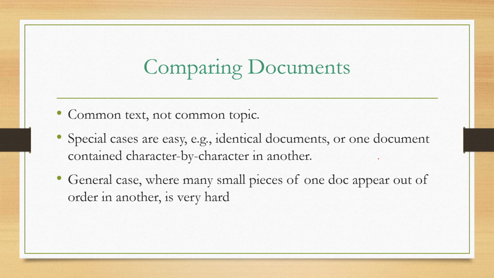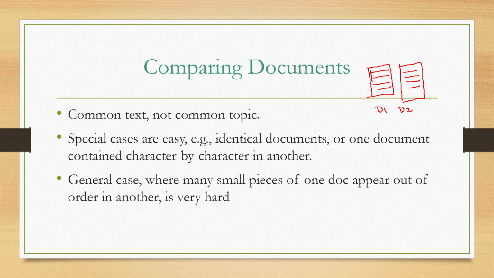So how do we compare documents if we have to find whether a pair of documents are similar? We might run through both the documents and compare word by word. So if these are the two documents, D1 and D2, we may be going through these documents word by word and comparing to see whether they are similar.